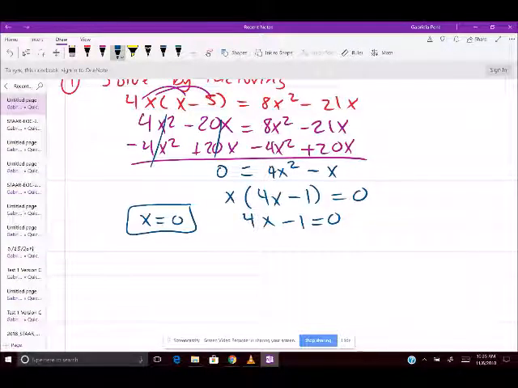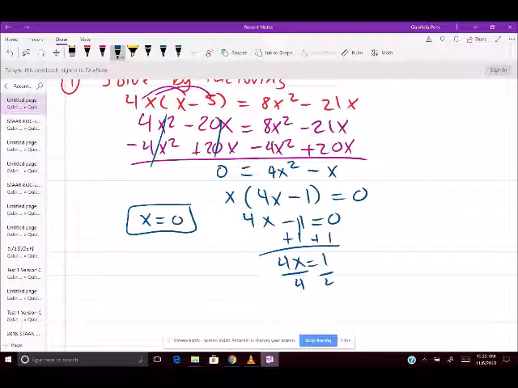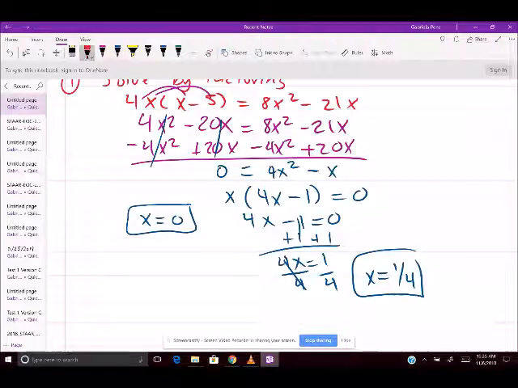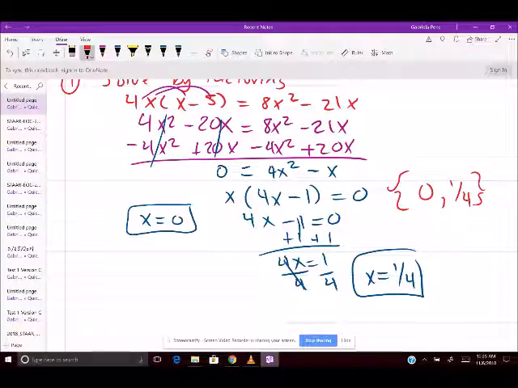But on the right side, I have to add 1, and then I have to divide by 4. So I get x equals 1/4. So the answer for this problem is going to be 0, 1/4. This is from section 1.5.